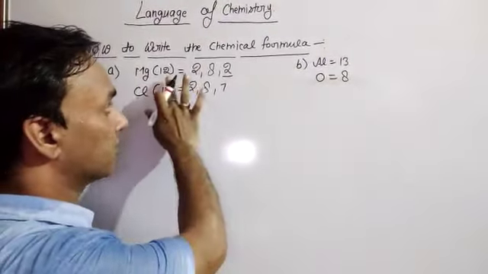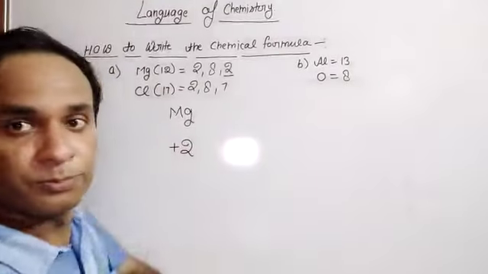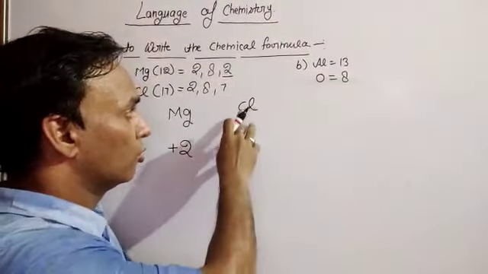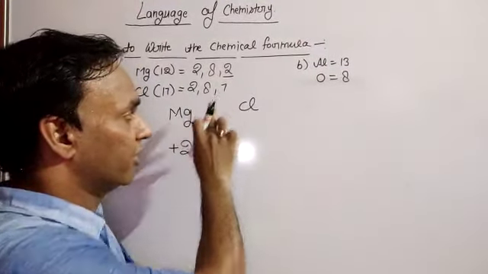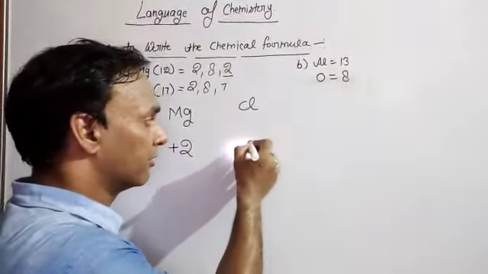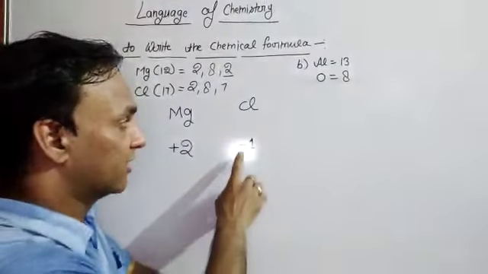Magnesium, its outermost electrons are 2, so its valency is plus 2. In the same way, chlorine's outermost electronic configuration is 7, which is subtracted from 8, then we get 1. A non-metal always shows a negative charge.